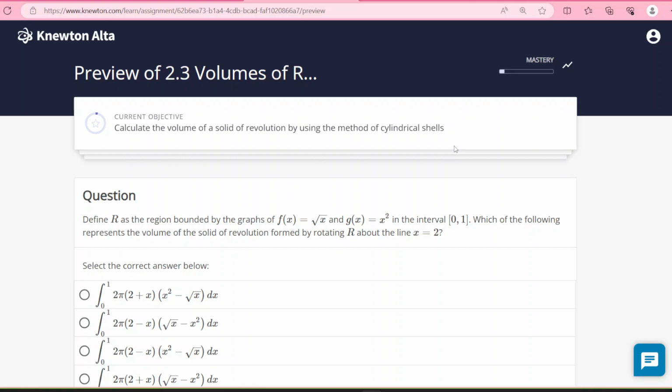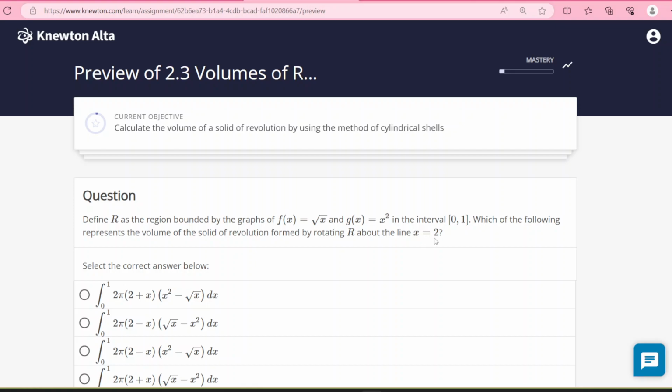All right, so another cylindrical shells problem. Notice here again, we're taking our region, whatever this region described is, I'll draw it out, and rotating the region about a line that's x equals 2. That's a vertical line. Notice it's not the x or y axis. So what's going to happen is the radius will change by 2 units somehow.